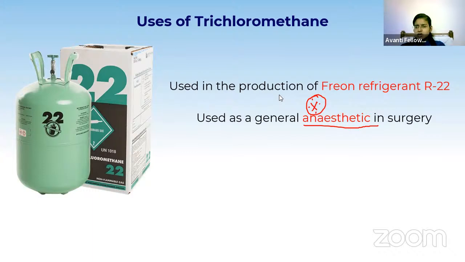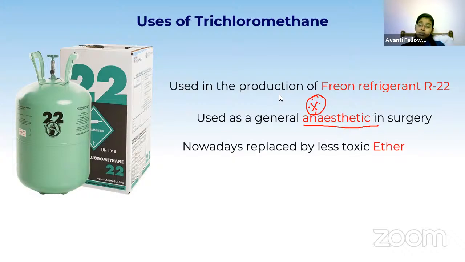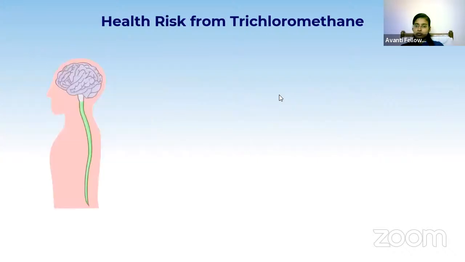Nowadays, chloroform is replaced by the less toxic ether, because chloroform is toxic, which means poisonous. In olden days chloroform was used for anesthesia in surgery, but since it is more toxic, nowadays ether is used. These are the uses of chloroform.